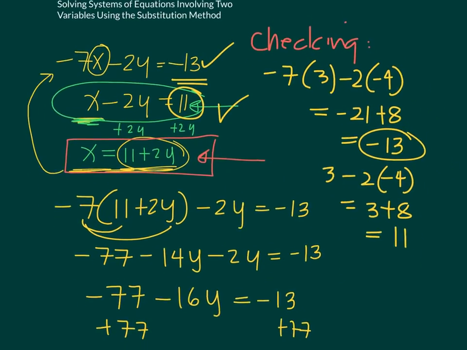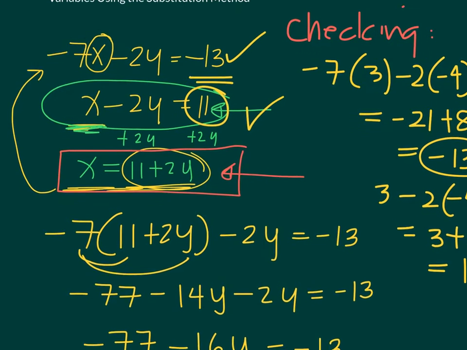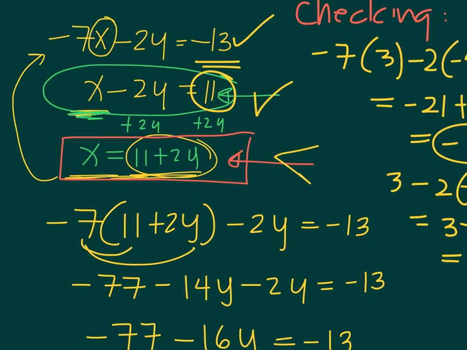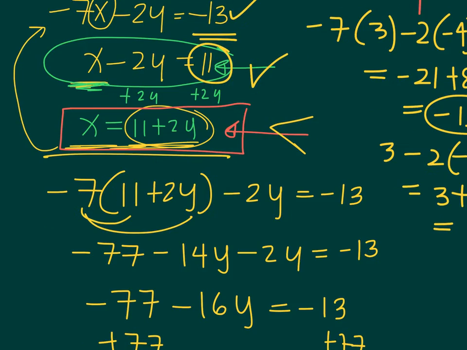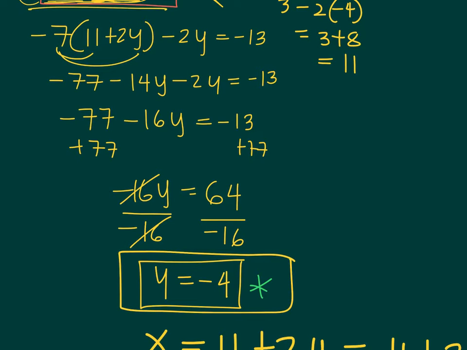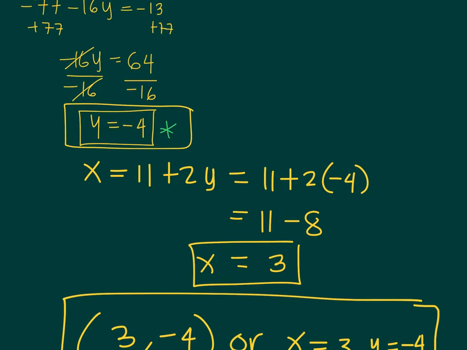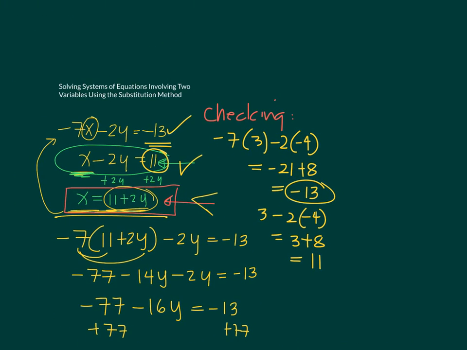When you work on the equation with that variable, you get an expression, and then you substitute it into the first equation. From there you solve for y, and once you have one of the values, go back to the original equation and substitute, and in that way you'll be able to get the value of x, which is equal to 3. Again, an optional way to check whether your answers are correct is to substitute the values in the original equations.